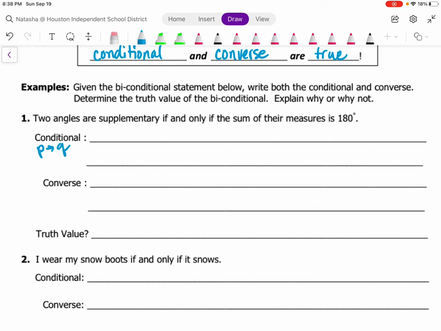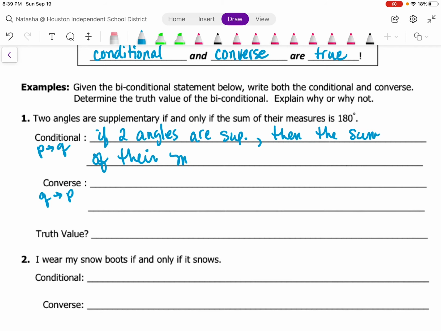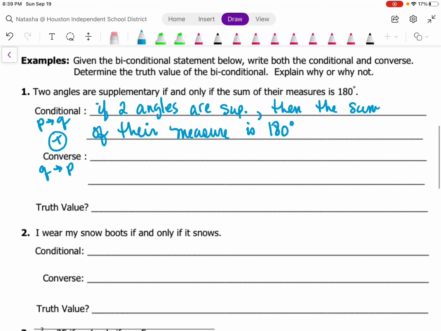Now remember, conditional is P then Q, converse is Q then P. So the conditional statement would be written as: if two angles are supplementary, then the sum of their measures is 180 degrees. That is a true statement.